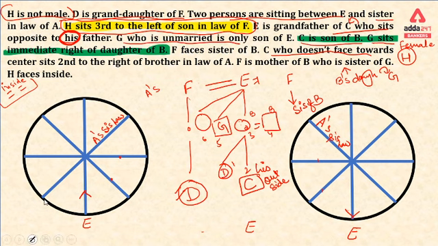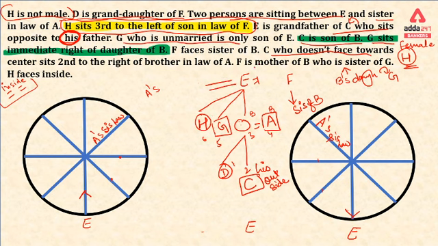So we erase this structure from here, as we are only having 8 persons. A's sister-in-law. That means A will be here, and H is a female person, so H will be arranged here.